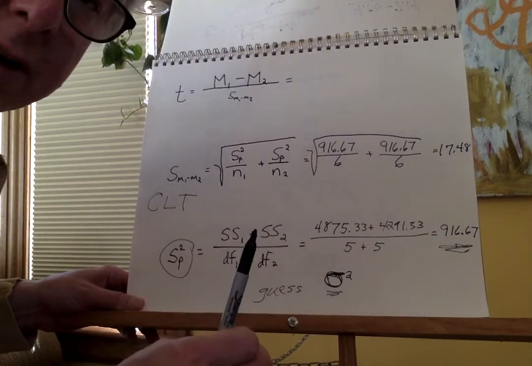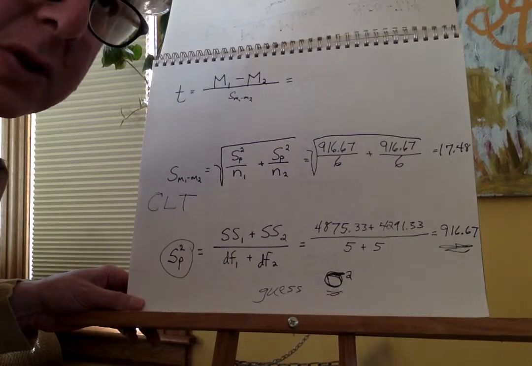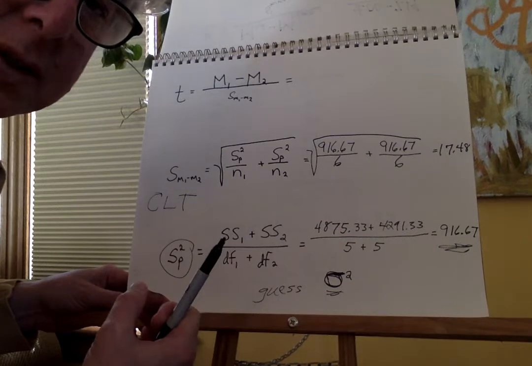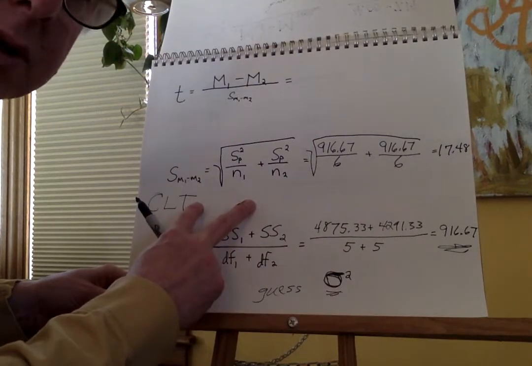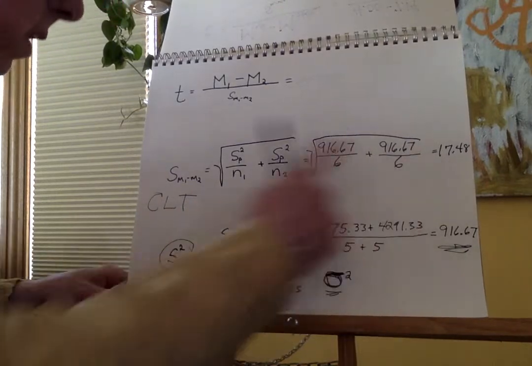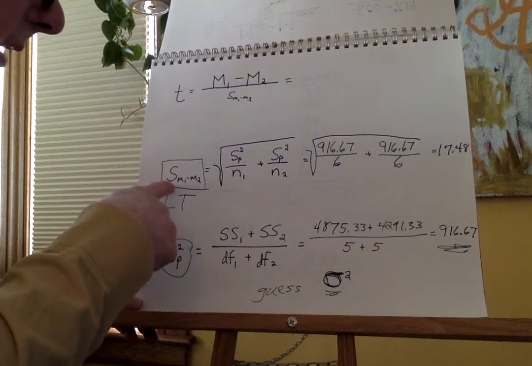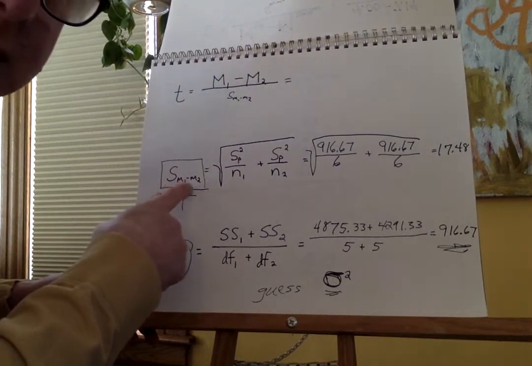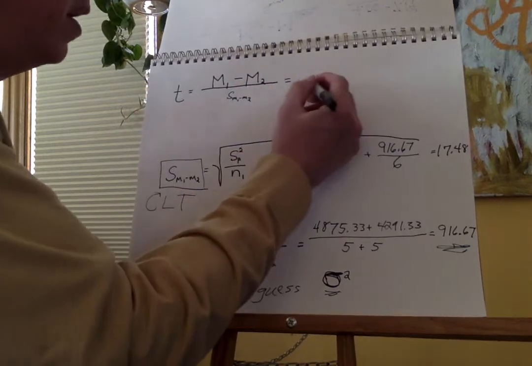It's our standard error. It's the standard deviation of distributions of sample means. Best guess for sigma. This is our central limit theorem step. We're going to take this number. Remember, this is just a subscript here. S sub m1 minus m2. Okay. Take that number, put it up here.